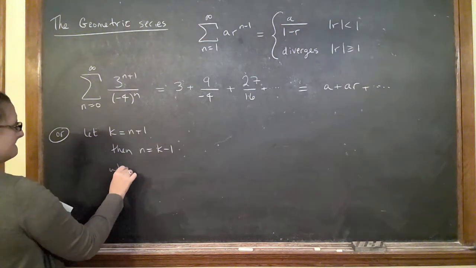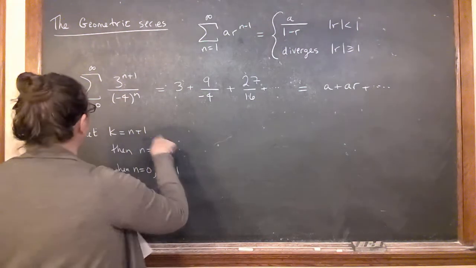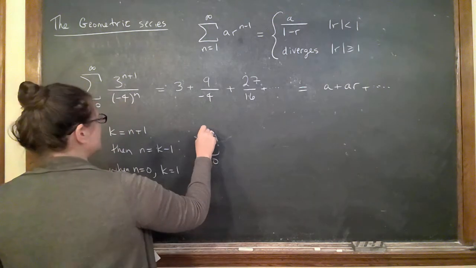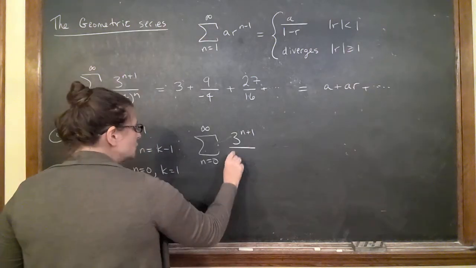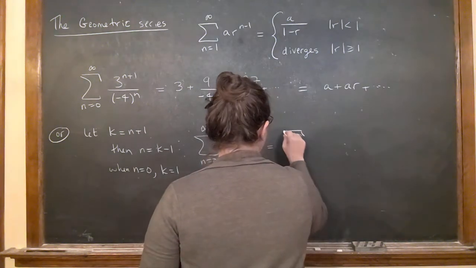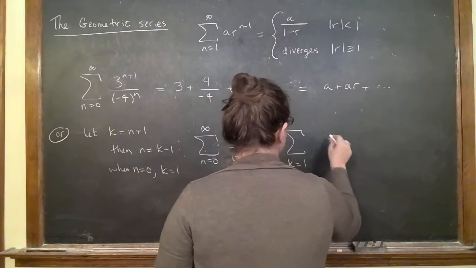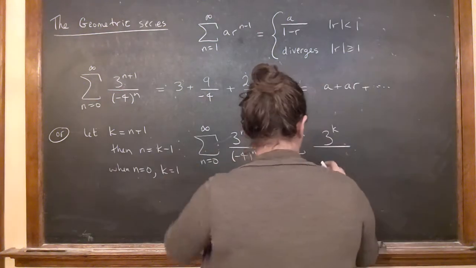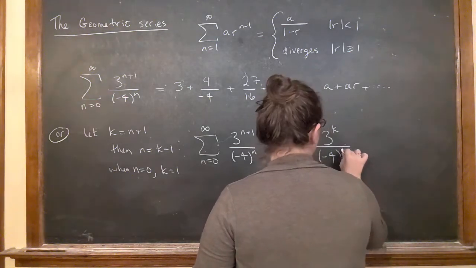And when n equals 0, k equals 1. So I can change the n to a k, and I have to change it not just down here, but everywhere in the thing. But infinity doesn't change because infinity is infinity whether I'm adding or subtracting 1. So n equals 0 changes to k equals 1. n plus 1 changes to k. And then n equals k minus 1, so that I get minus 4 to the k minus 1.